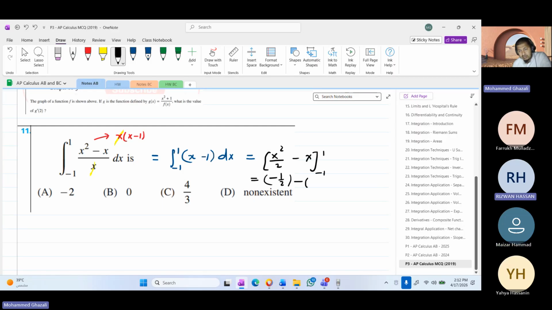If you substitute negative 1 inside here, it will be negative 1 squared over 2 minus negative 1, so you're adding everything up. Yeah, negative 2 is correct. I was doing a half minus 1 and then minus half plus 1 and it canceled the ones.